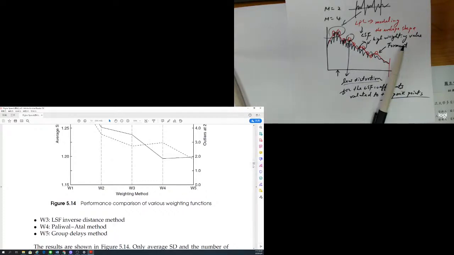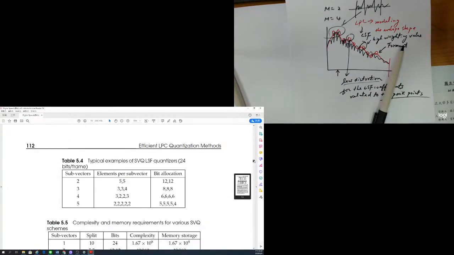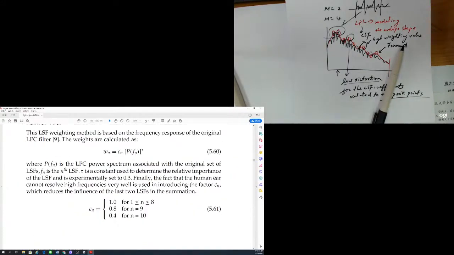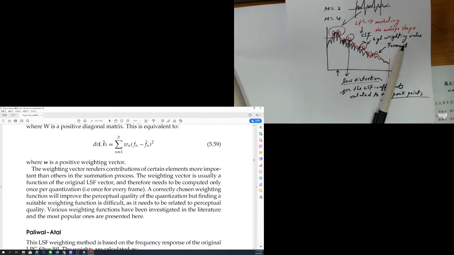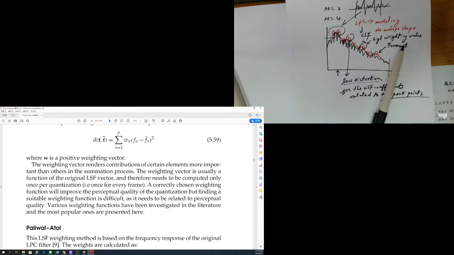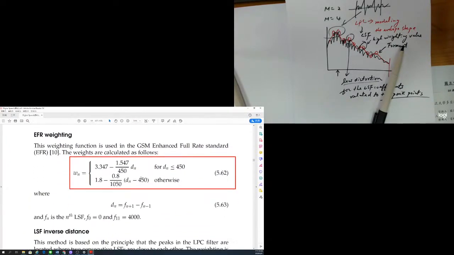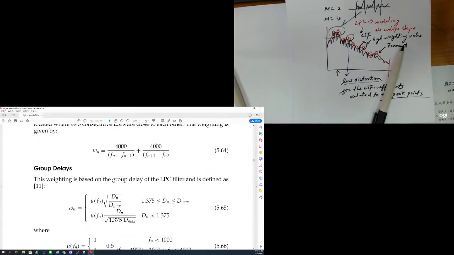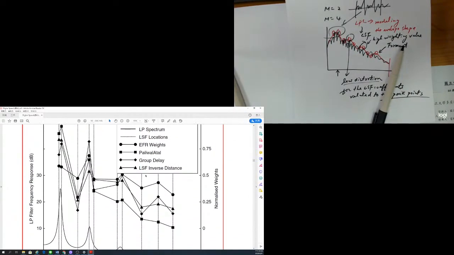So try to remember what we talked about, the good weighting value, in the beginning. We talked about five weighting methods. One, we talked about the cost function. We are trying to calculate the cost function. We talked about many weighting values. What's the weighting value here?